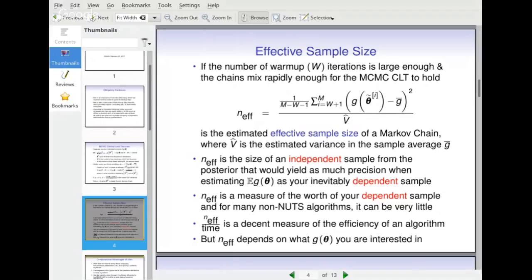And so the effective sample size divided by the amount of time that it takes for Stan or another algorithm to run is a measure of how efficient the algorithm is. But it's not the only thing, in part because you also need the conditions, fast moving through the parameter space and whatnot, in order for the Markov chain Monte Carlo central limit theorem to hold. And if the Markov chain Monte Carlo central limit theorem doesn't hold, then the estimator of effective sample size has no validity to it.